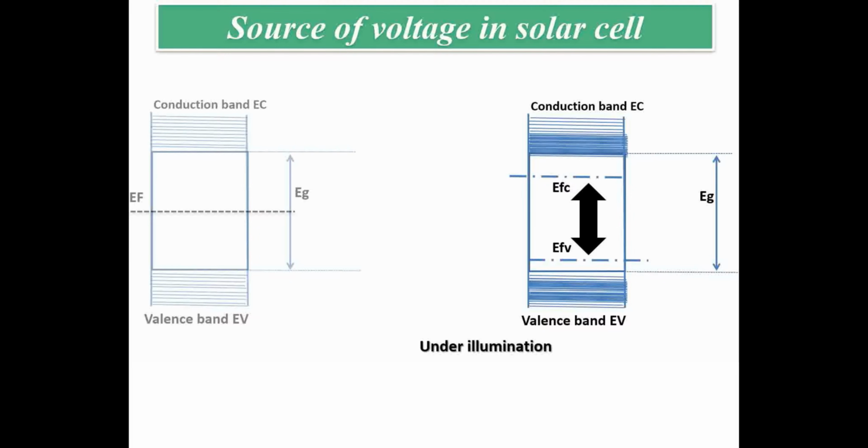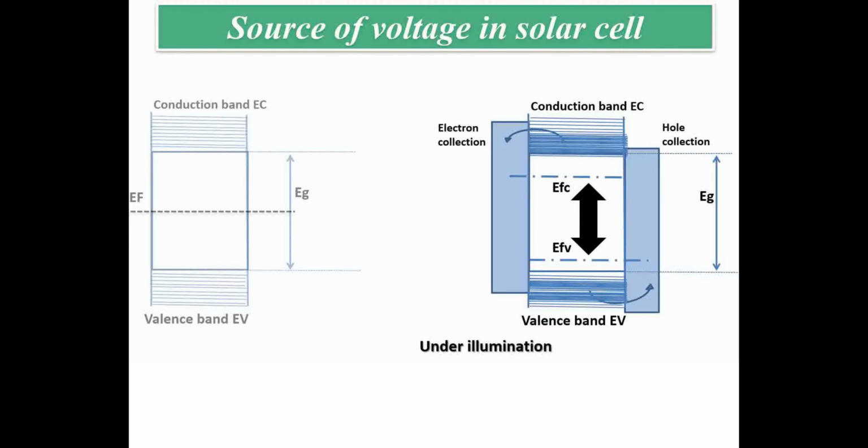This is the chemical potential, and this chemical potential is the fundamental source of the voltage. Then whatever charge carriers are generated, you take suitable layers and get them separated and collected.